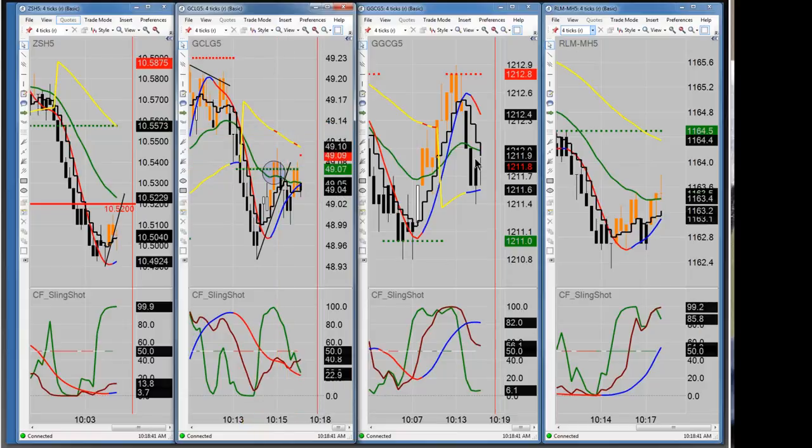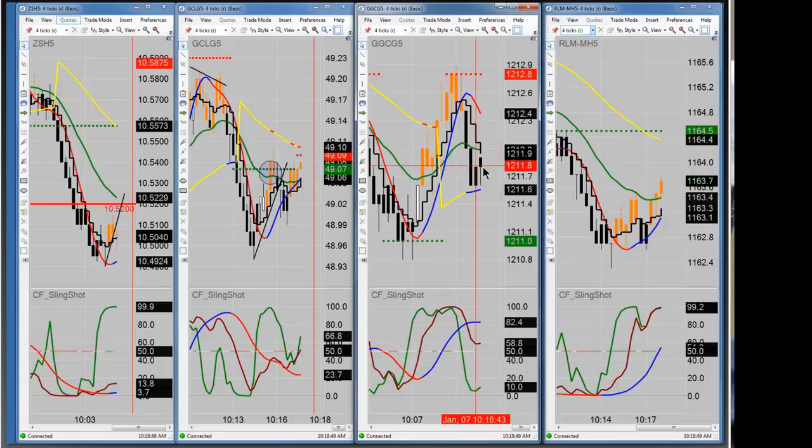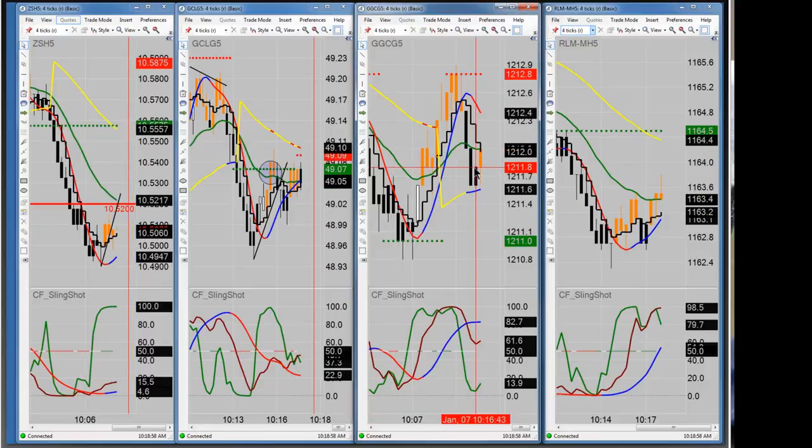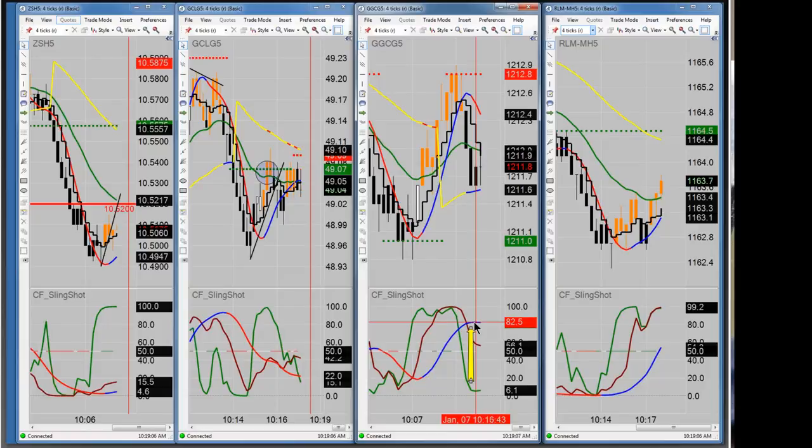Step 3, well, it depends which trade you're going to be doing. Like this one right here, there's a long trade right here on gold right now from 11.8. Step 3 is price hits the BBC and then closes up, while you have down here bullish divergence and the cycle the right color.